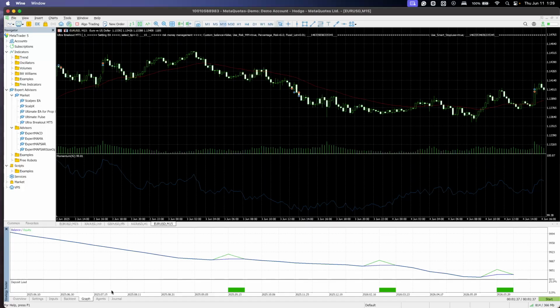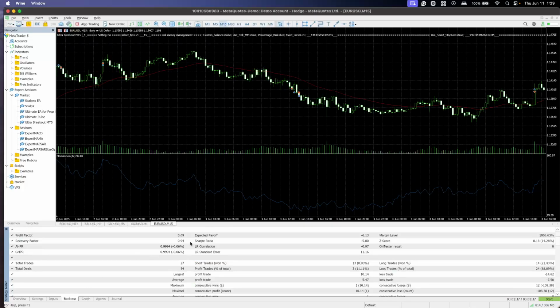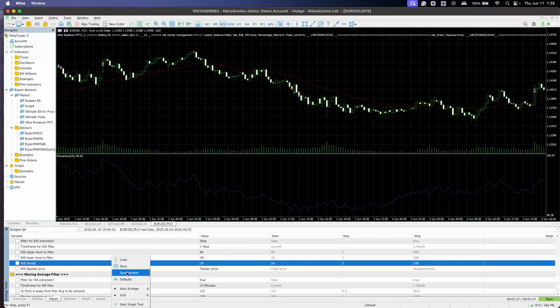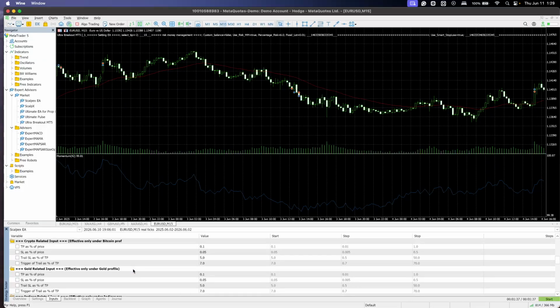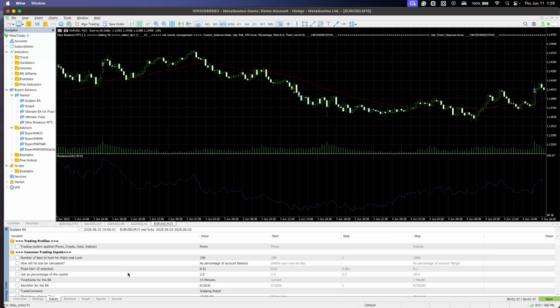Max drawdown of around 1.8%, compared to those seller backtests with 93% win rates and tiny drawdowns. This recent period was tough. For inputs, I used the default settings, but the major inputs that matter are the 2% risk and the 100 bar highs and lows.